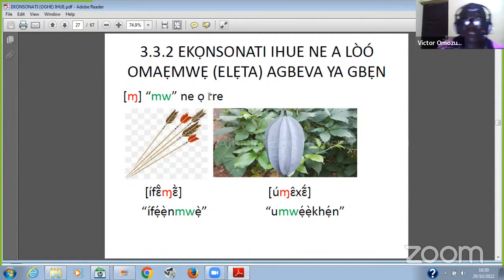So the first one is the mi, which is written with the digraph MW. So you have that sound in Ifene. So the mi there automatically nasalizes the E after it to make it E in Ifene.